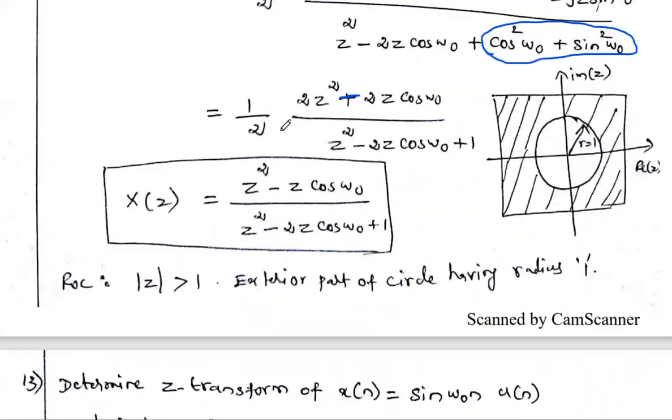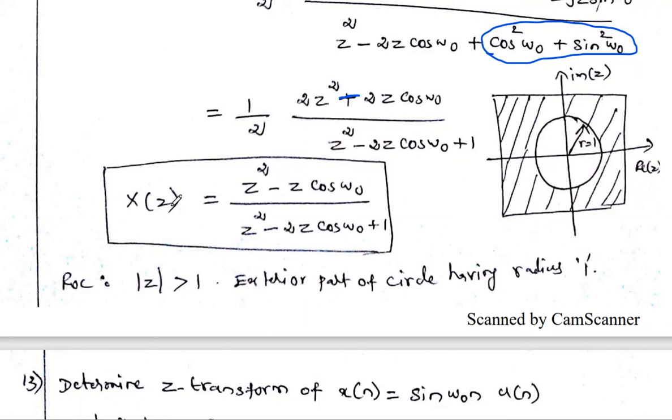So that's why finally we got 1 by 2 into 2z squared minus 2z cos omega naught divided by this denominator. In the numerator you take 2 as common, and the 2s cancel.